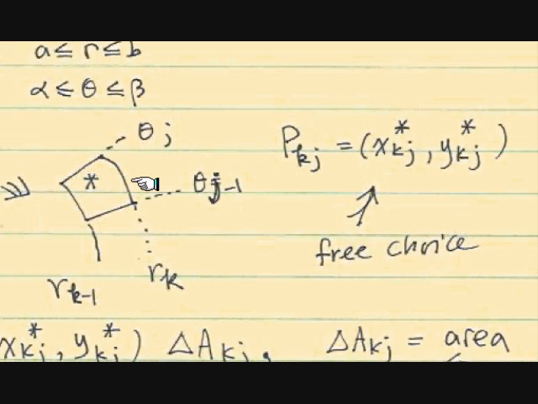The Riemann sum requires a choice of a point in that region, called the kjth region, for example. This is a free choice, right? So we can choose any point in there and consider the sum. That is the difficulty, and at the same time the most powerful part of the definition of the Riemann sum toward the double integral.